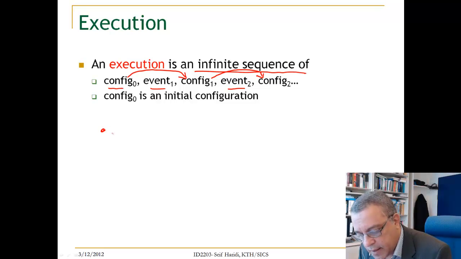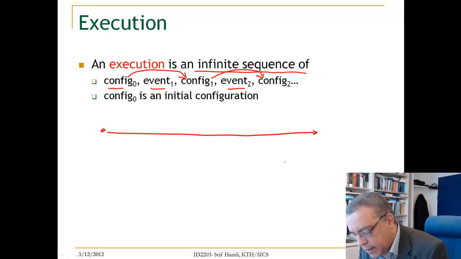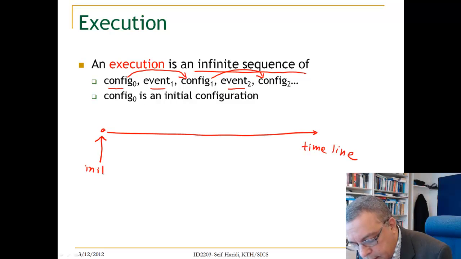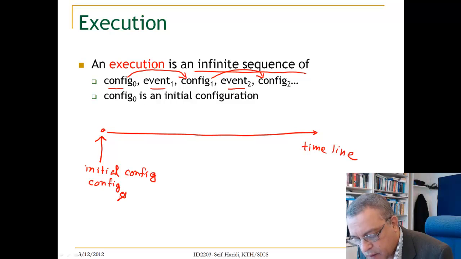So here we can think of it like a timeline. Here is the initial configuration, which we call config 0. We perform an event, which we call event E1. This transforms the configuration to another configuration.